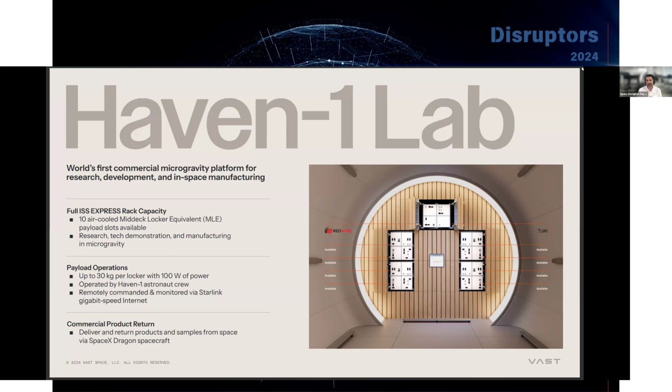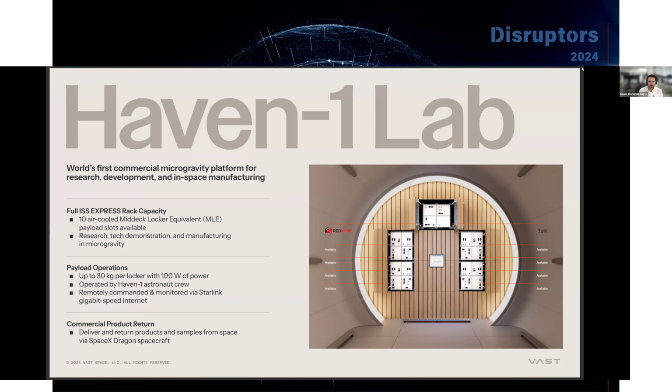So Haven 1 Laboratory essentially becomes the beginning of the LEO economy, the first time where you can develop a business plan around a crewed microgravity environment, develop and research products for particular profit interests, and actually realize a business interest in space in a crewed environment. So that's a pretty special element of the laboratory itself.